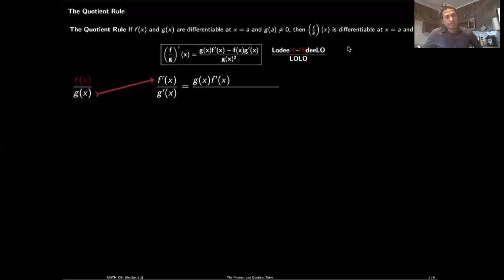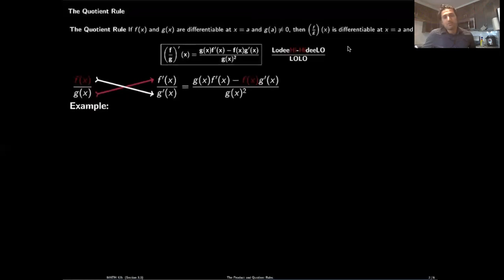Then you read the next line, high d low, and you subtract it from the first term: minus high, f(x), times the derivative of the low function. And then you divide the whole thing by low low, the bottom function g(x) times g(x), the square of g(x).